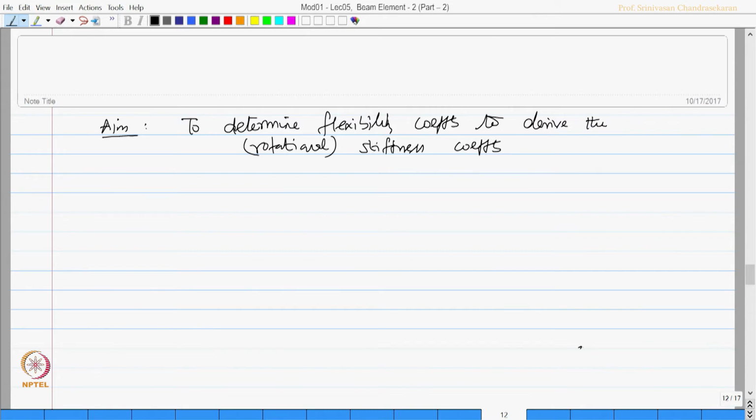So, let us take a beam which is simply supported. Let us give unit rotation to this end.